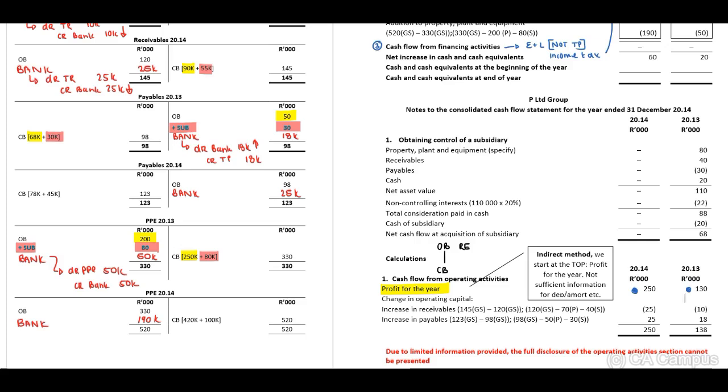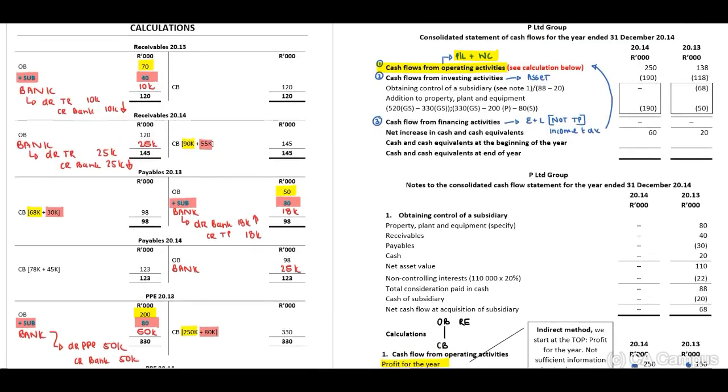Now guys, remember, we need to take into account the movement in our working capital. There's an increase in our receivables. When you look at your T account on your left hand side, for 2013, our receivables increased. Now, due to the fact that our receivables increased, our bank account decreases.